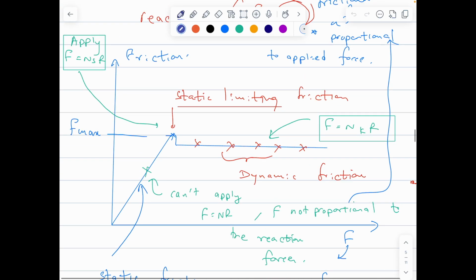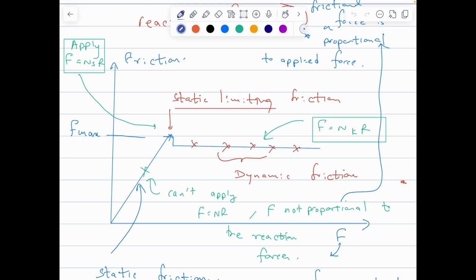This is easier to be explained through a graph. So if you look at this graph here, when you increase the external force that you apply, this is the external force that you apply, force F. Initially, if you apply 2 newtons, friction is going to be 2 newtons. I'm just giving values for you to feel it. If you apply 4 newtons, friction is going to be 4 newtons, and so on. But let's say you apply a force of 8 newtons, friction is going to be 8 newtons.